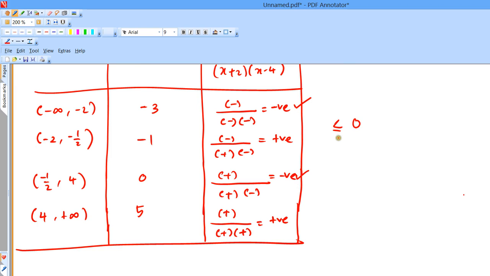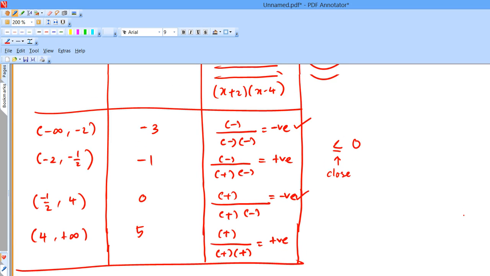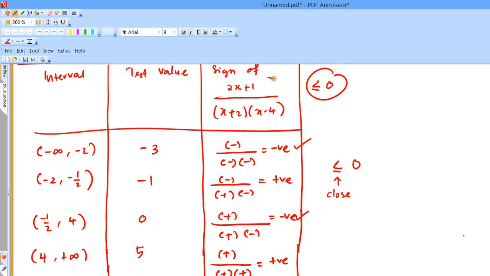Since we have an equal sign here, we will use a close bracket, but you need to remember that when we have a fraction, at the denominator x must not equal -2 and x must not equal 4. So for critical values at -2 and 4, we need to use an open bracket for these two values.